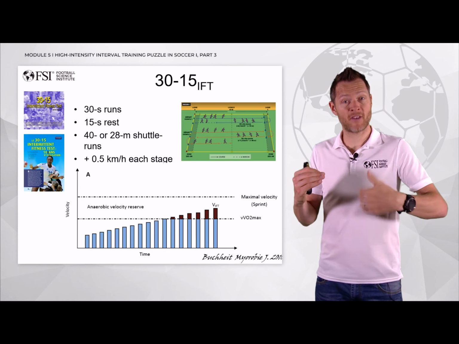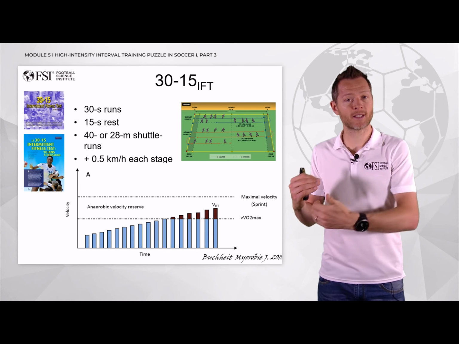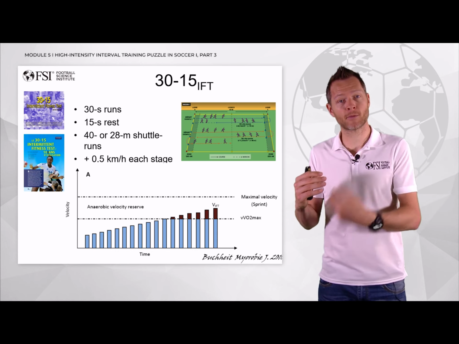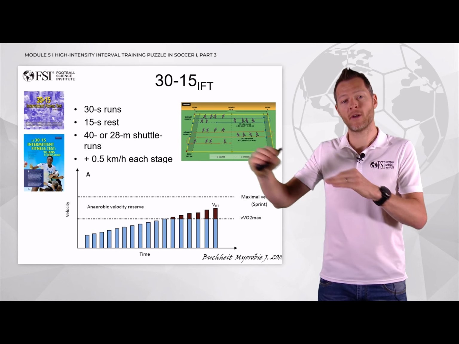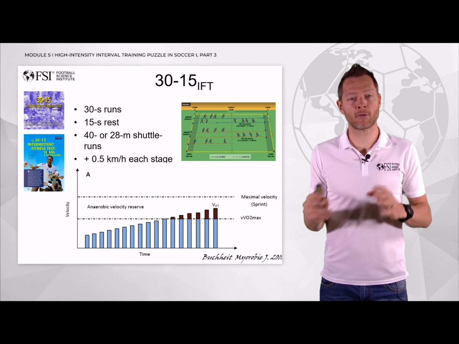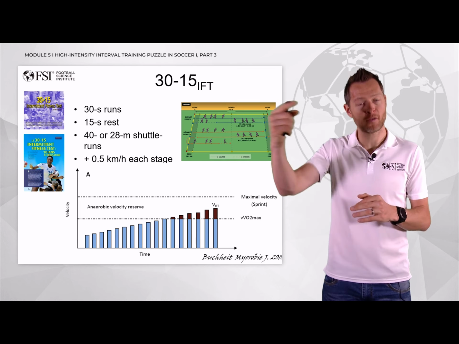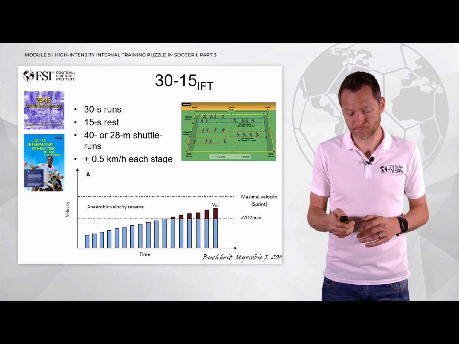Because of the recovery phases that players went through during the test, when they reach their VVO2 max they still have some energy left, so they can keep on going a little bit further. And the speed that they reach is around 20-25% of their anaerobic speed reserve.